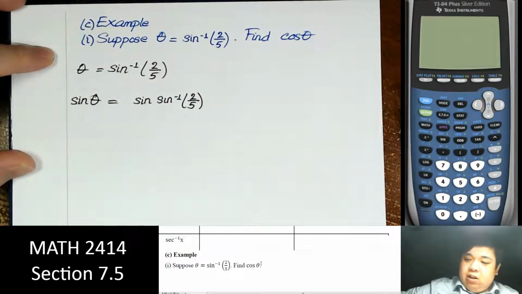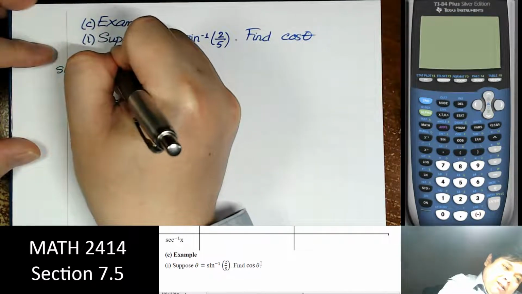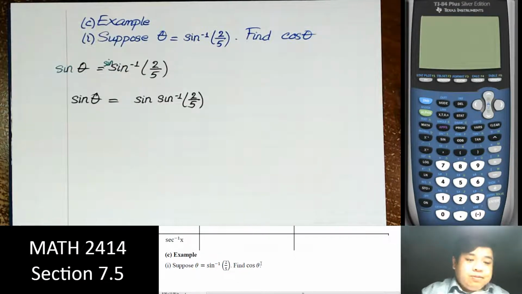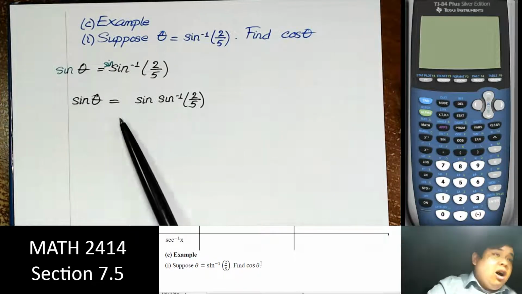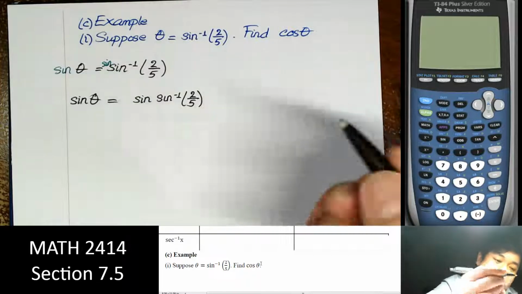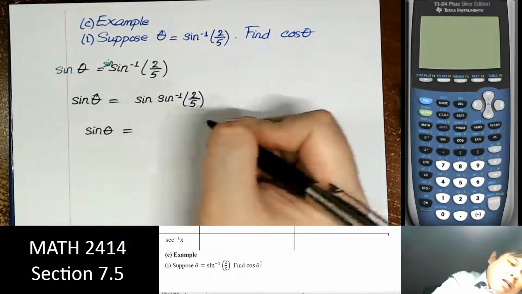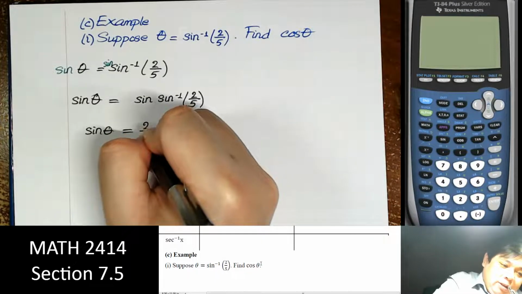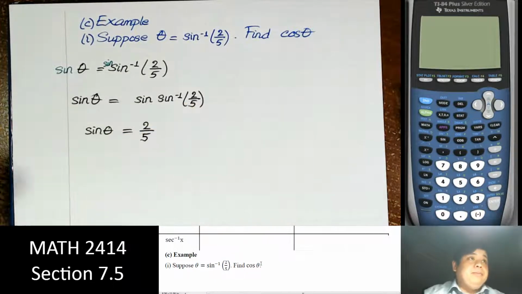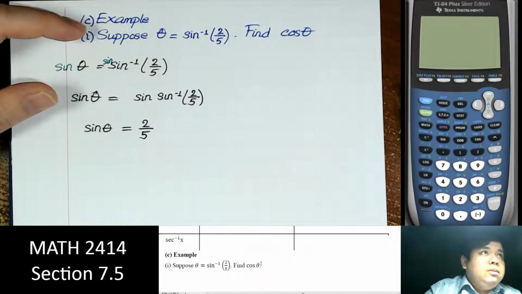The sine of the sine inverse, they will cancel out if it is defined. So we have sine of theta is equal to 2/5. Right?